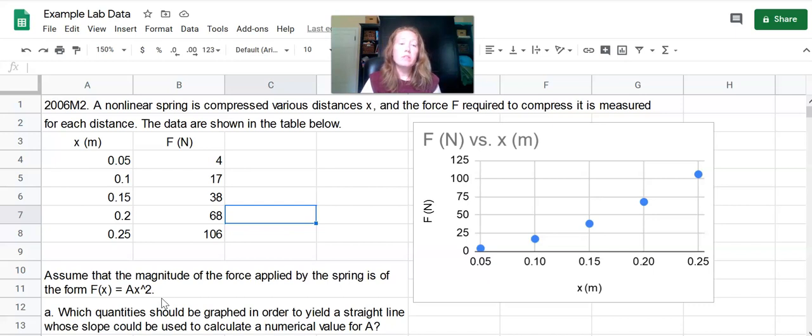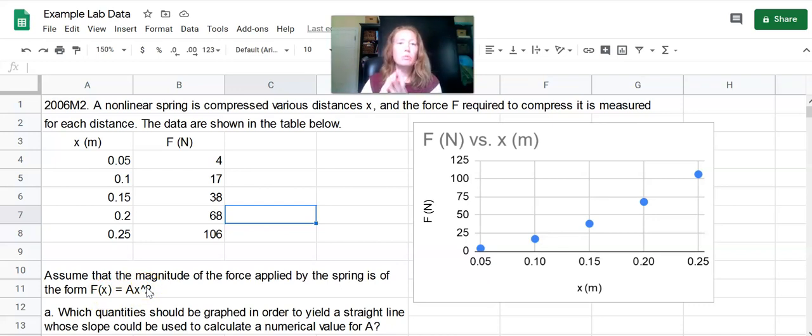Or if we solve this for x, we would take the square root of both sides. And then we could have square root of y equals ax. So then we would have a new variable that we would be graphing on the y-axis, y prime, you could call it. So now we'd have y prime equals ax.